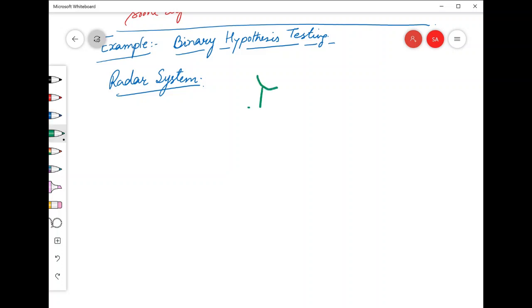So this is my radar. What a radar does is it transmits some waveforms. The waveform goes into the space, and if there is an object there, let's say an airplane, the wave will go and be reflected back, and it is received at the radar.